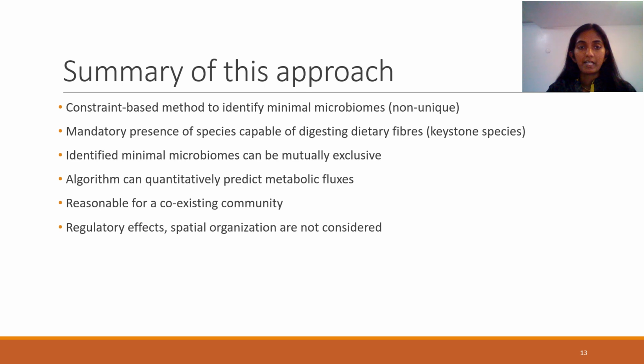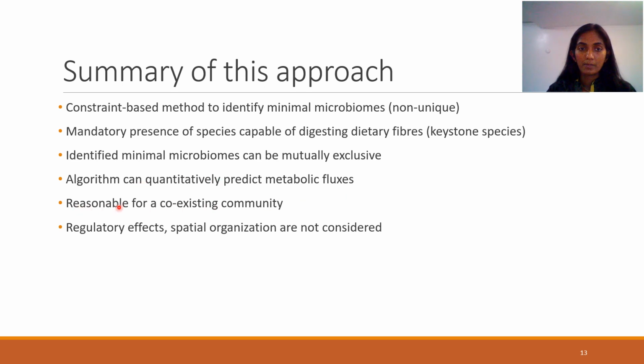To summarize, we have developed a constraint-based method to identify minimal microbiomes which are non-unique of a large microbial community. The mandatory presence of species capable of digesting dietary fibers is observed in the minimal microbiomes. The identified minimal microbiomes can be mutually exclusive. The algorithm can quantitatively predict metabolic fluxes.